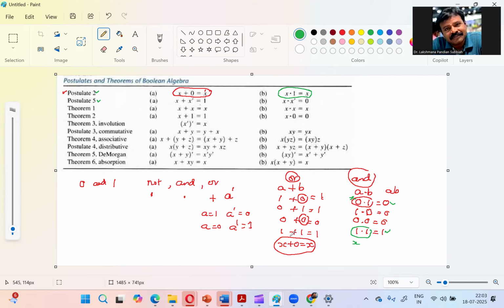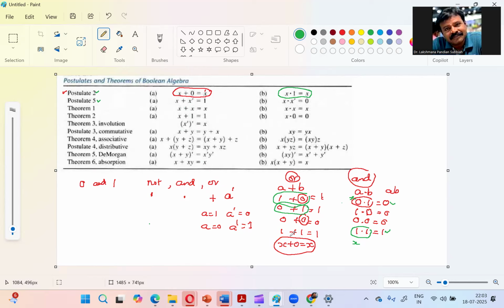Next, x plus x dash equal to what? If x is 1, then x dash is 0, or if x is 0, then x dash is 1.